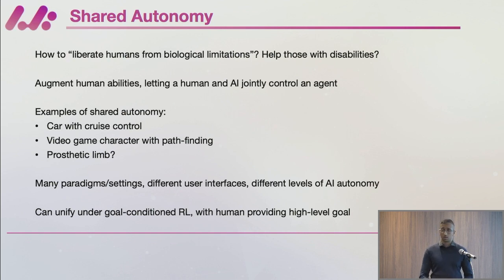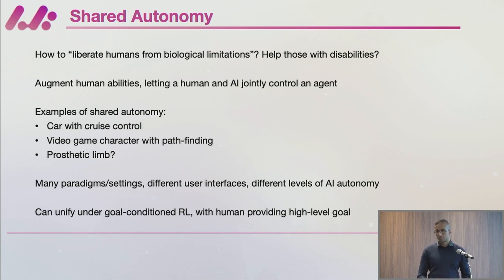I'm just going to spend the last bit of my talk talking about one of the big projects that I'm embarking on at ARAYA, which is to work on shared autonomy. How do we liberate humans from biological limitations, or more close to home, help those with disabilities? We can augment human abilities, and with shared autonomy, we let a human and an AI jointly control an agent.